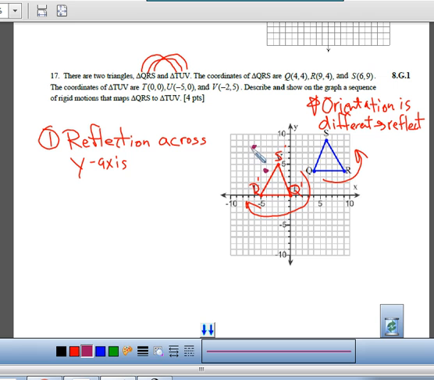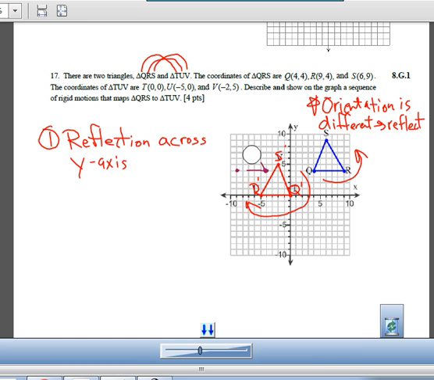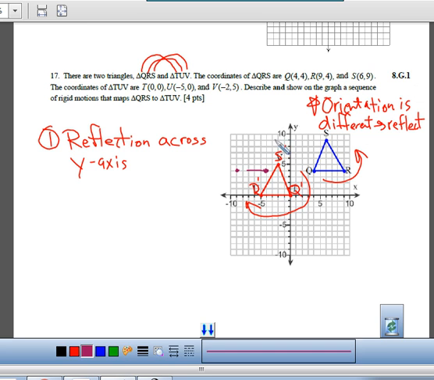S would be right there, and R is going to be right there. Did I get them right? Oops, that's my mistake. I knew something didn't look right. Point needs to be one more higher up here. There we go. That's better.